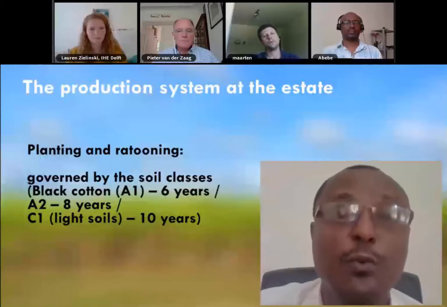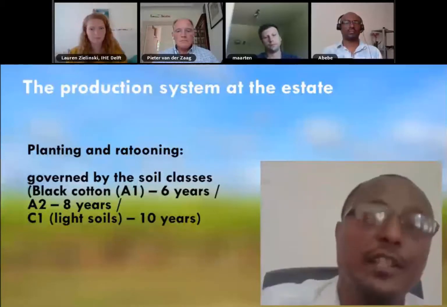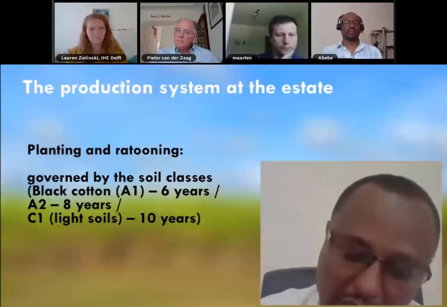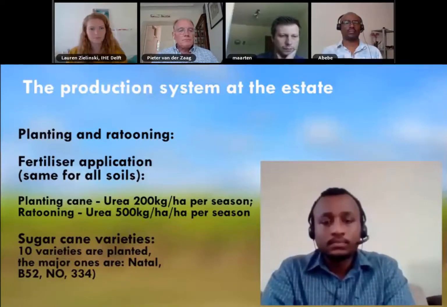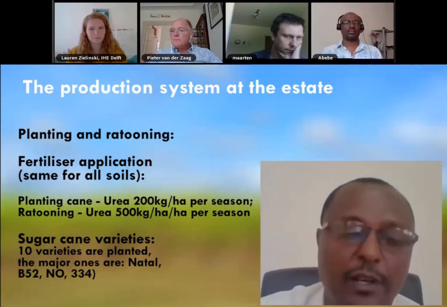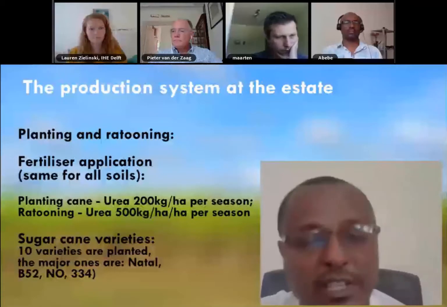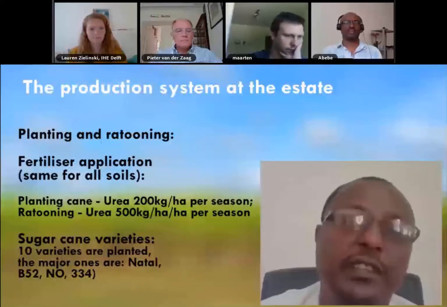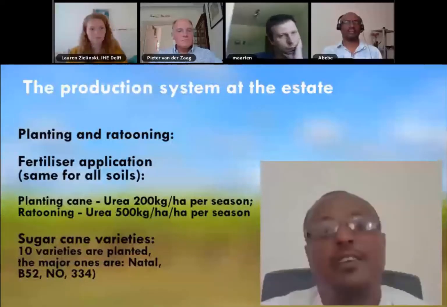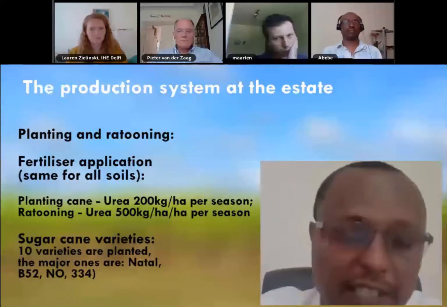After 4 months, land preparation starts, then new planting continues. So in A1, one planting cycle is 6 years: planting 2 years, first ratoon 1 year, second ratoon 2 years, third ratoon 1 year. After 6 years, the sugarcane is uprooted and ready for new planting activities.